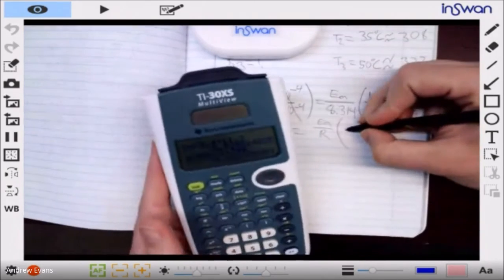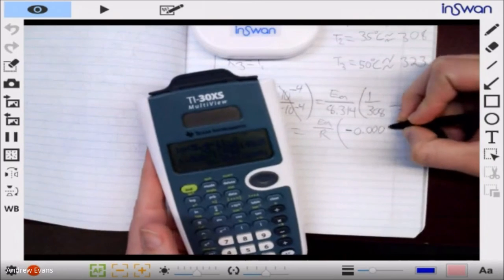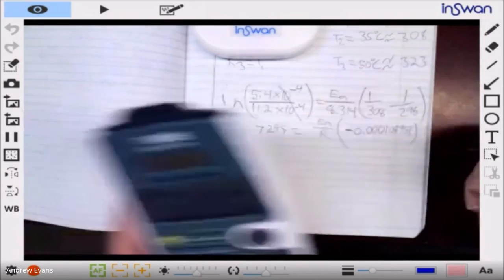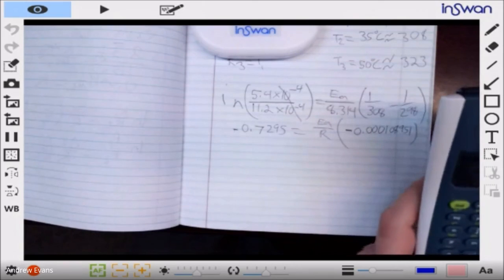That's a really small number, negative 0.000108951. So we're going to take our first number.